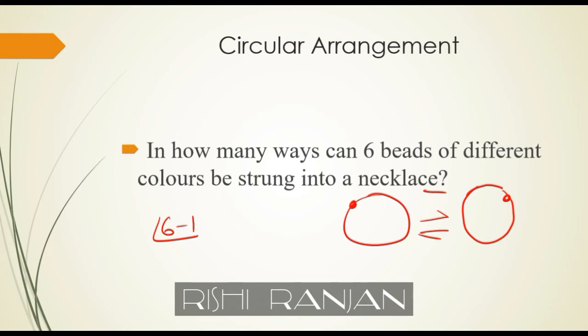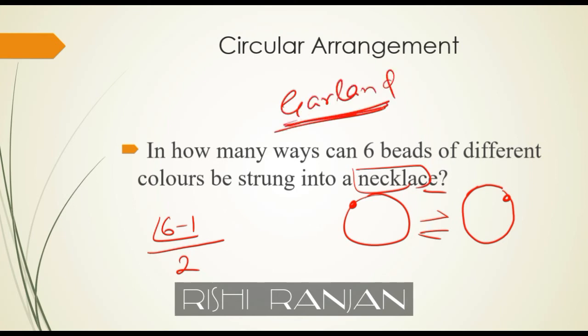That's why for this type of cases where we cannot identify clockwise or anti-clockwise, or more precisely, the things which can be used upside down also, it is going to be factorial n minus 1 divided by 2. This can be applied for a necklace, it can be applied for a garland. The things which can be worn upside down also, for them it is going to be factorial n minus 1 divided by 2.